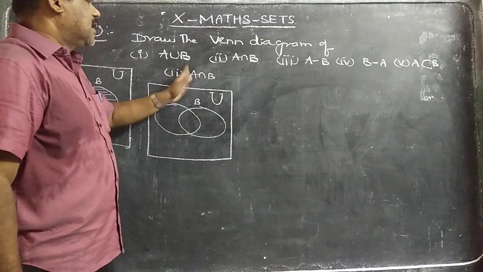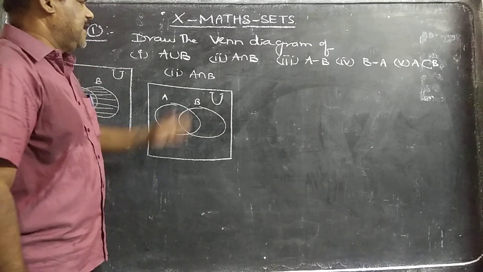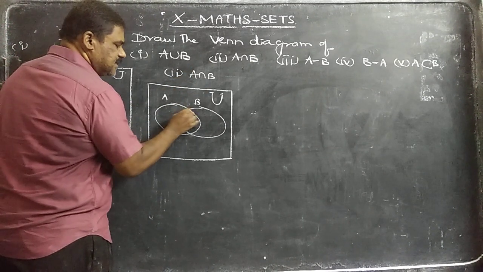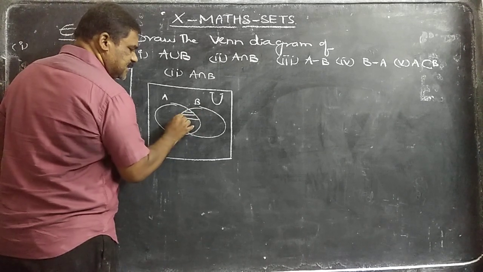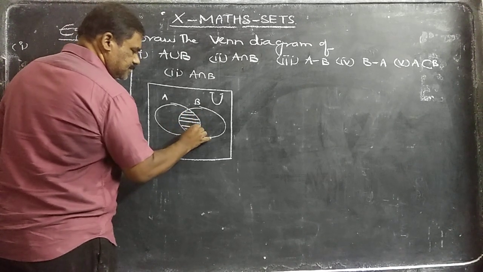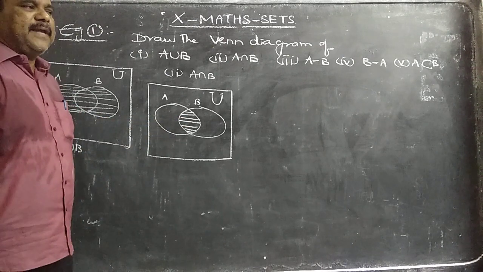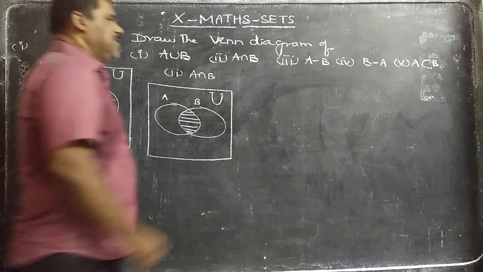Intersection means the common elements we will take, the common region we have to shade. Now the common region is this we have to shade, that is A intersection B. This is A intersection B, the common place, the common region.